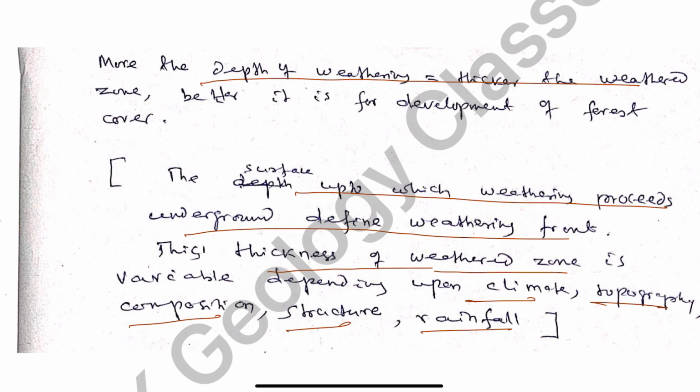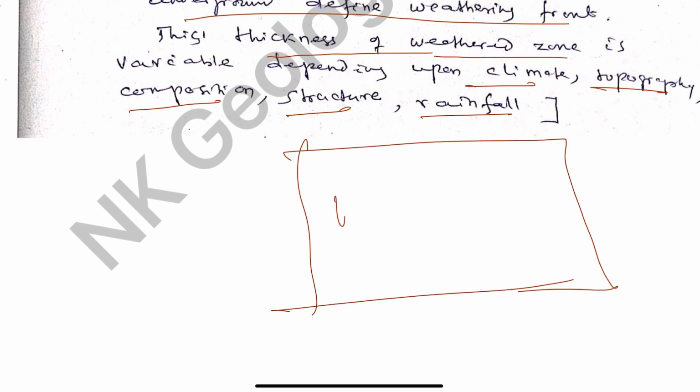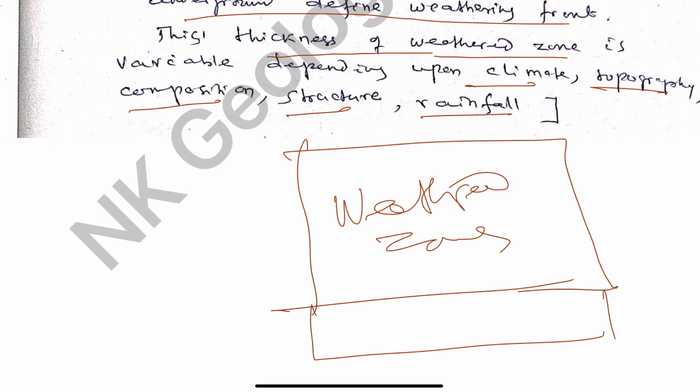So, through weathering, we see that the rocks crumble and produce a thick zone of loose rock matter, which is called the weathered zone, and below it we have the resistates, and this defines the weathering front.